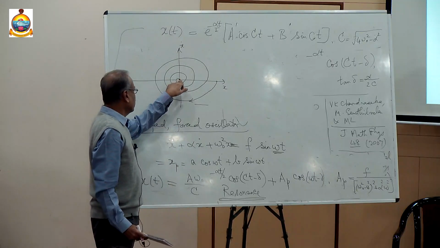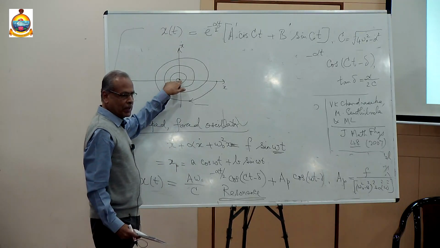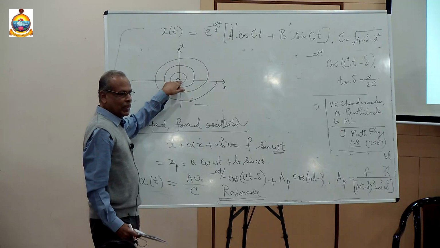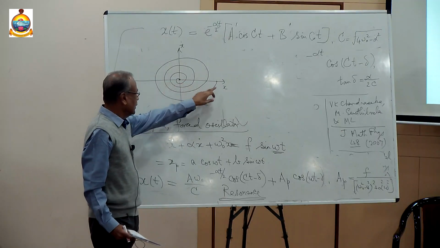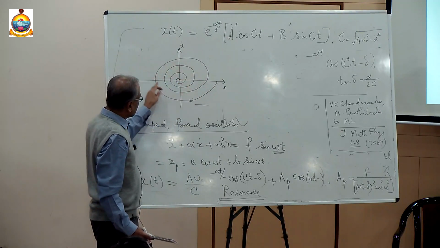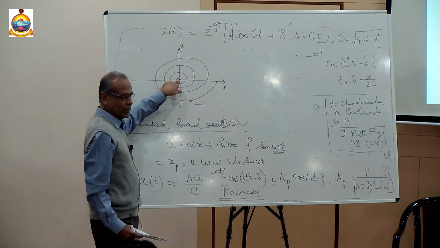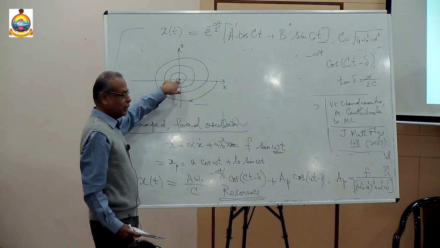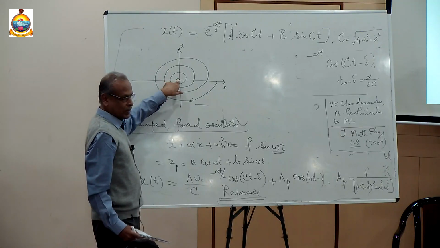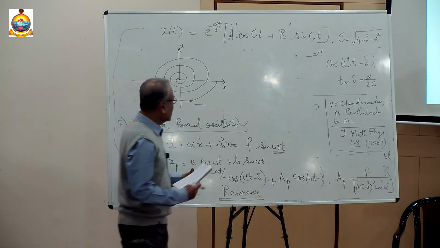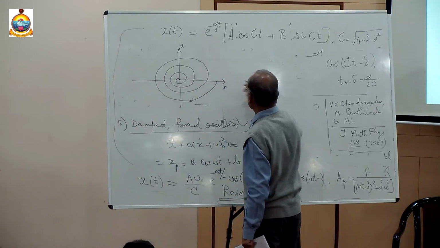So this equilibrium point, or fixed point, is a focus. The system keeps on spiraling, a spiral point or a focus point. It focuses towards that particular point. So it's a fixed point, an equilibrium point. But this is for the damped harmonic oscillator.